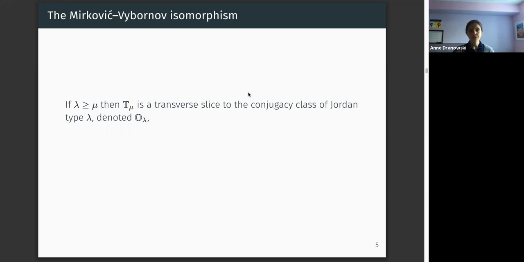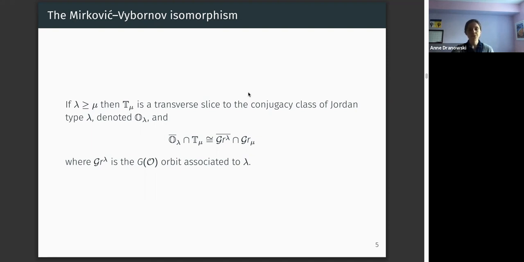And Mirkovic and Vybornov, whose work this is all based on, have shown that this T mu is actually a transverse slice to the conjugacy class of Jordan type lambda, of n by n matrices of Jordan type lambda, denoted O lambda, and that the intersection of T mu with the closure of those matrices is isomorphic to a special slice in Gr.